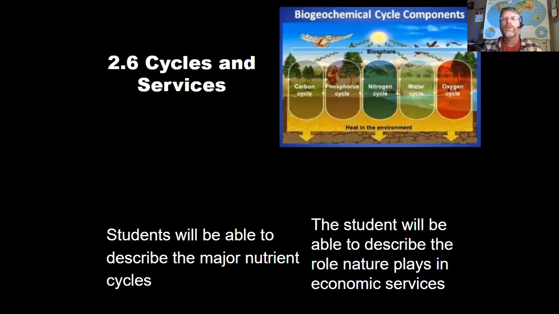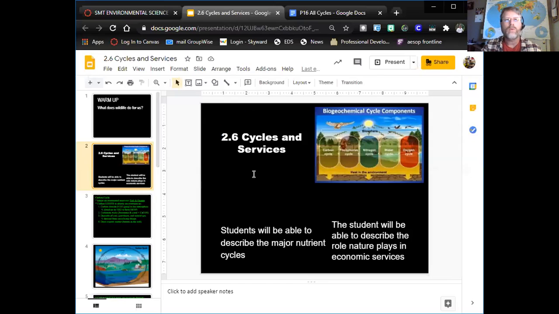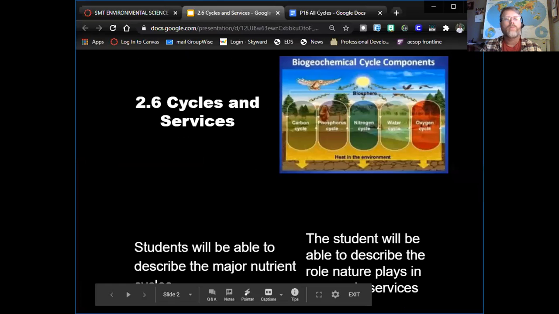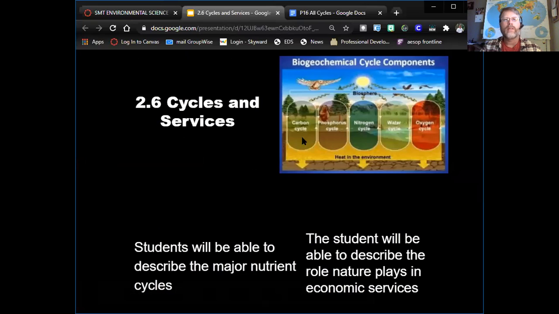Okay, so when we're looking at this, we're looking at the different cycles here. And we are trying to look at how all the cycles come together: carbon cycle, phosphorus cycle, nitrogen cycle, water cycle.